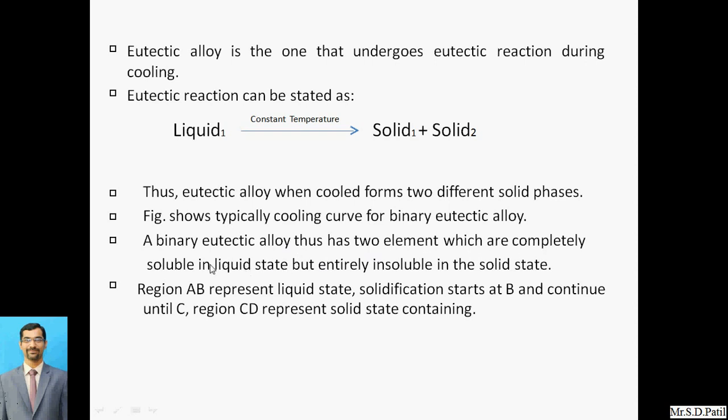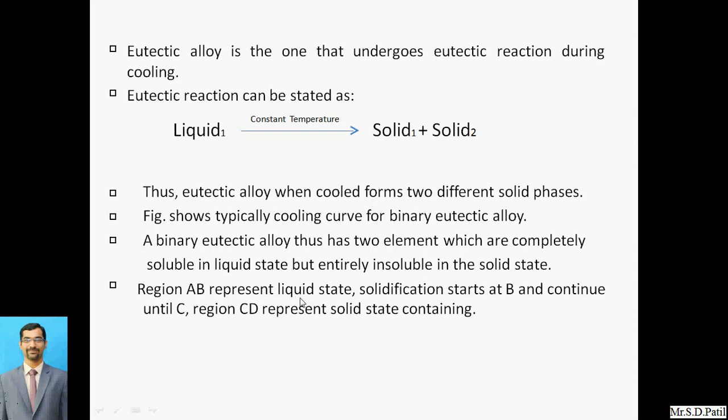That is called completely soluble in the liquid, meaning both solids are completely soluble in the liquid state. But when we cool it, it is totally insoluble in the solid state. So we get two separate solids which are not soluble in the solid state. This is the meaning of a eutectic binary alloy.